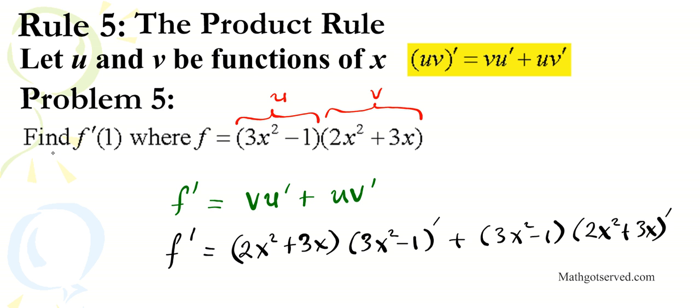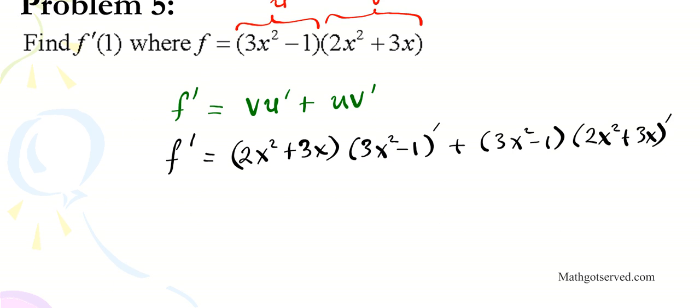All right. Now we're just going to bring down this term, 2x squared plus 3x, and then we're going to differentiate this term right here. So we're going to use term by term differentiation. Remember I told you earlier that you can distribute the derivative over sums and differences.